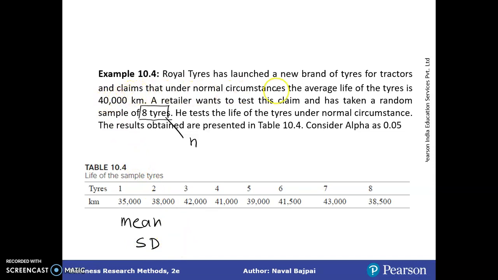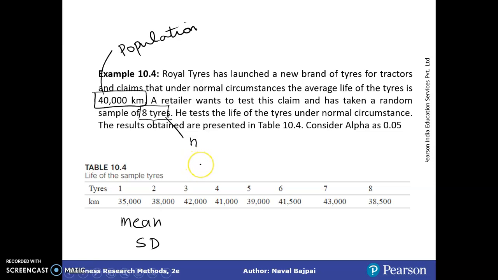And this value, 40,000 kilometers, is the claimed value, and we should consider it the population mean, which is the previous experience or the claim made by the brand of tires. So we have to test whether the sample mean is equal to 40,000 kilometers or not.